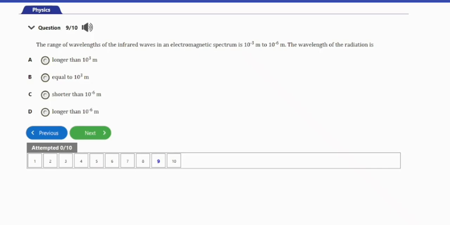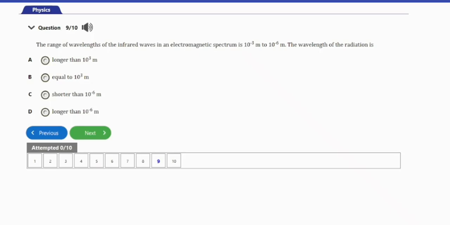That means the wavelength has to be longer than 10 to the power of negative 6 meter, and then it also has to be shorter than 10 to the power of negative 3 meters. So guys, the correct answer here is option D.